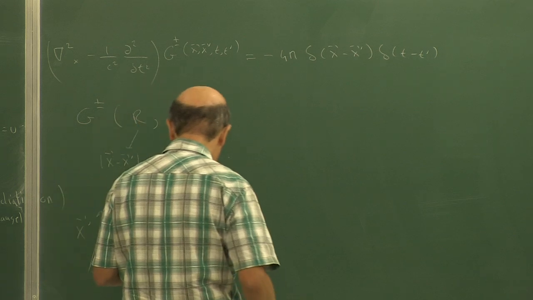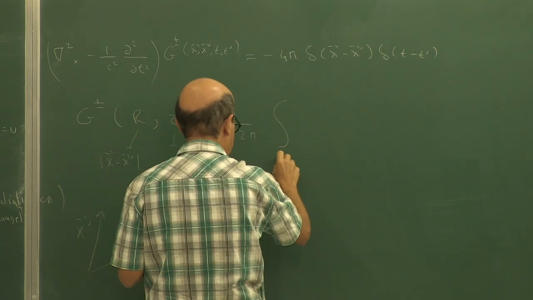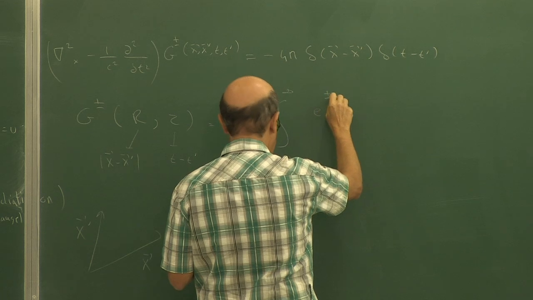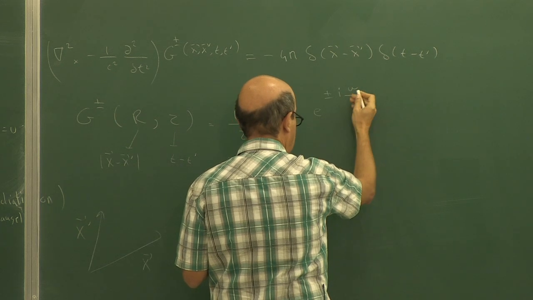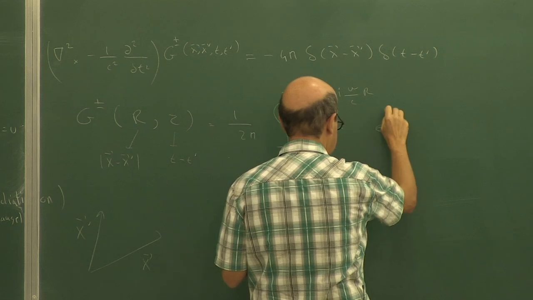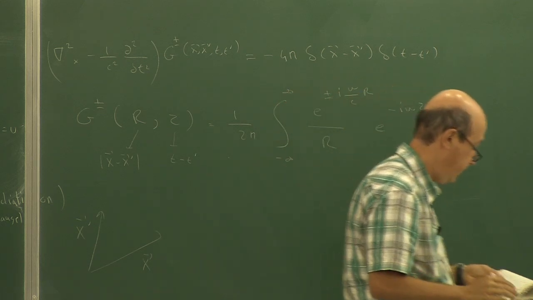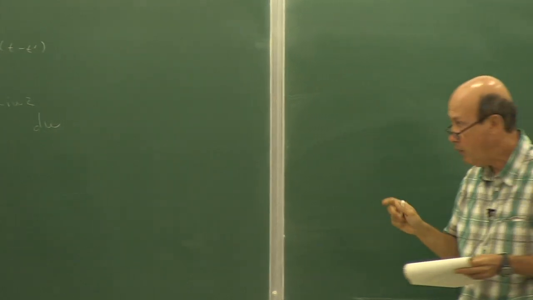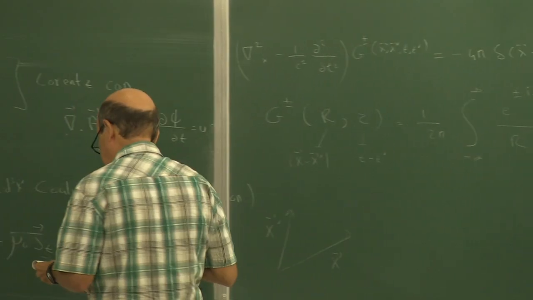And if you look at your notes, that is 1 over 2 pi, integral from minus infinity to plus infinity of e to the plus minus i omega r over c, over r, and e to the i omega tau d omega. I derived this part last time. From now on, there is one correction in your notes. You have to handle that.